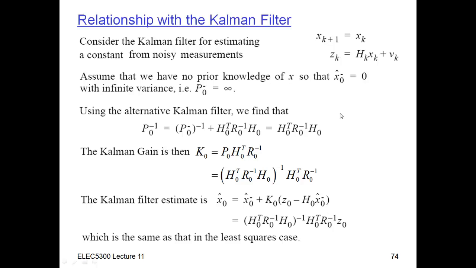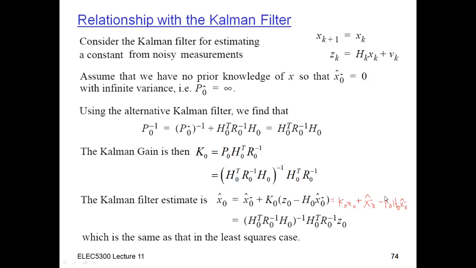And then what I'm left with is this K0 Z0 from here, and then I get a plus x0 minus hat, minus K0 H0 x0 minus hat.